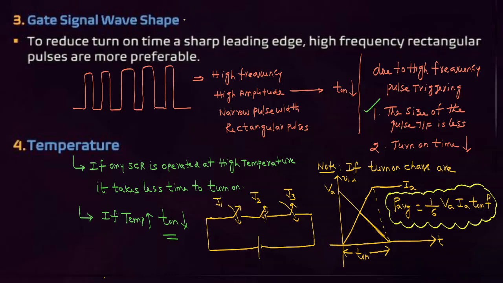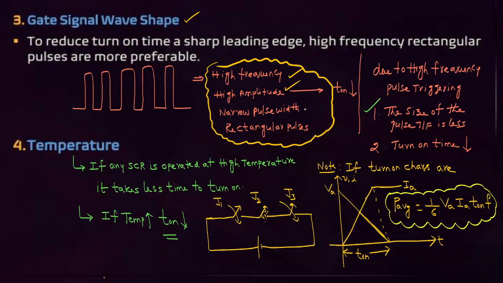It also depends on the gate signal wave shape. Very important observations, friends. To reduce the turn-on time, what type of gate signal is preferable? High frequency, high amplitude, narrow pulse width, rectangular pulses are more preferable.